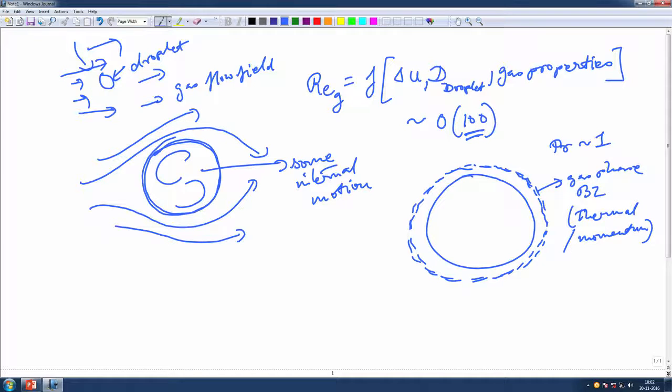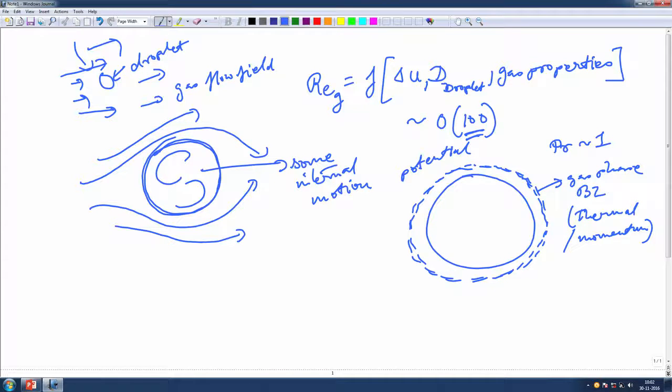This Reynolds number value therefore creates that kind of boundary layer effect. Beyond that it is all potential flow. That is what we are normally accustomed to seeing: it is potential flow outside, and only in the boundary layer do you have all these effects.